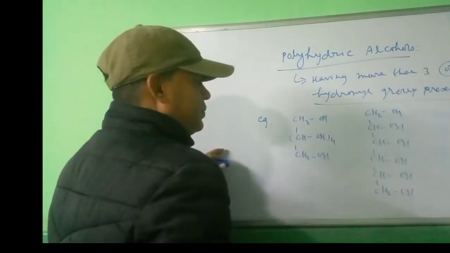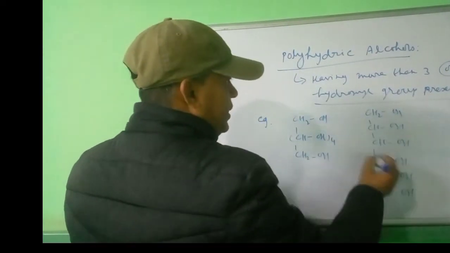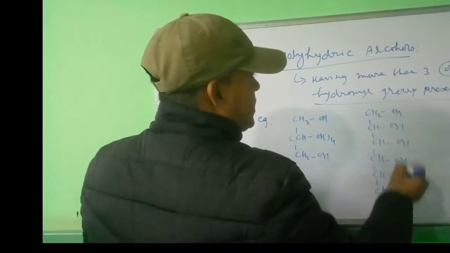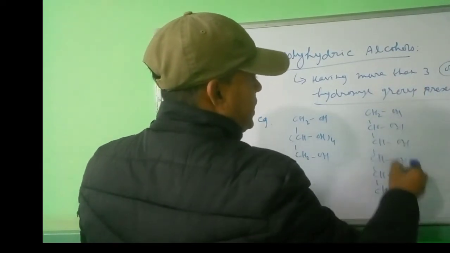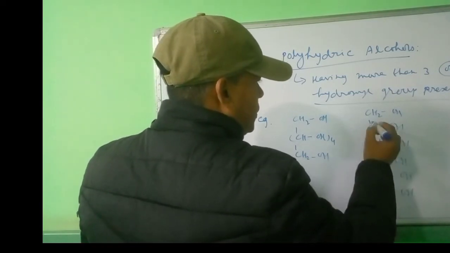Both are same. Then your total number of OH is 6. Six hydroxyl groups are present in the compound. Then we have to write the name.